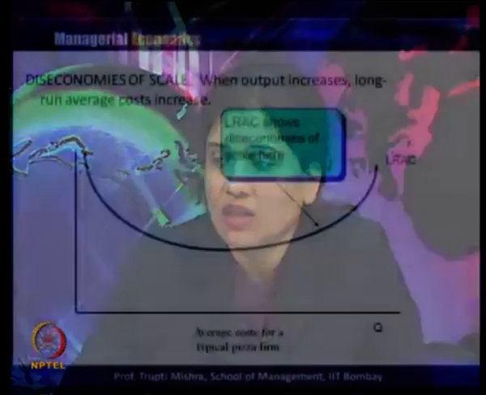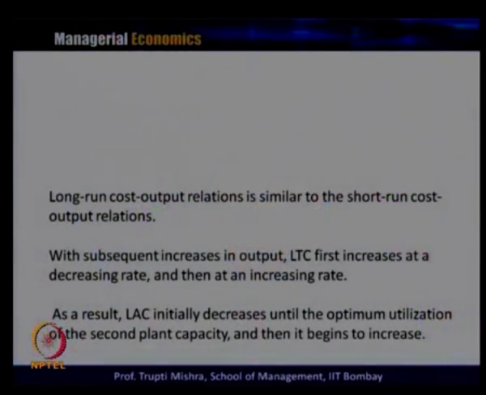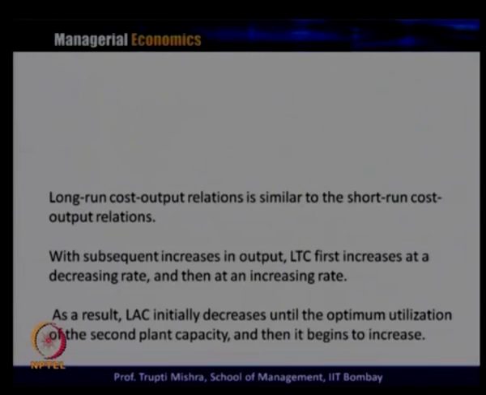Again, this is the graphical example of diseconomies of scale, and the meaning of diseconomies of scale is that when output increases, the long run average cost increases, in the increasing phase of the long run average cost curve. Whether it is the short run or the long run cost output relation, the long run cost output relation is similar to the short run one.